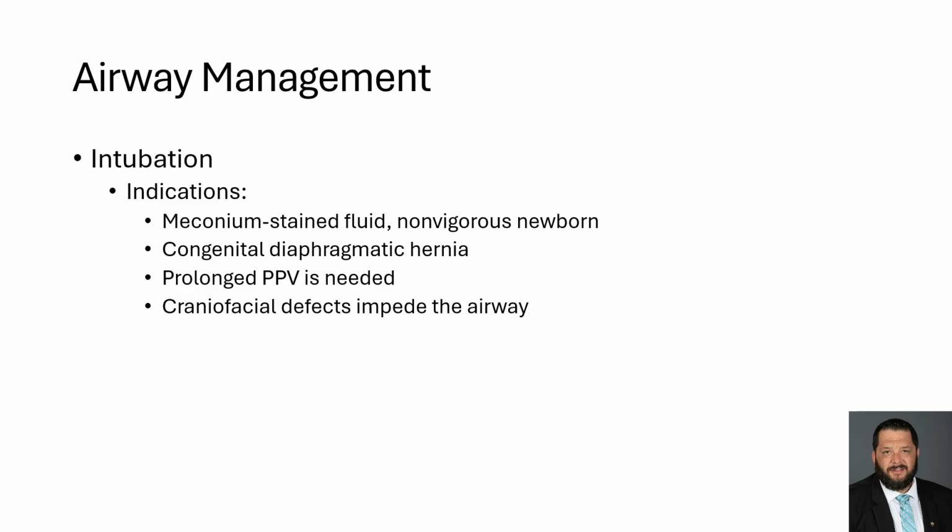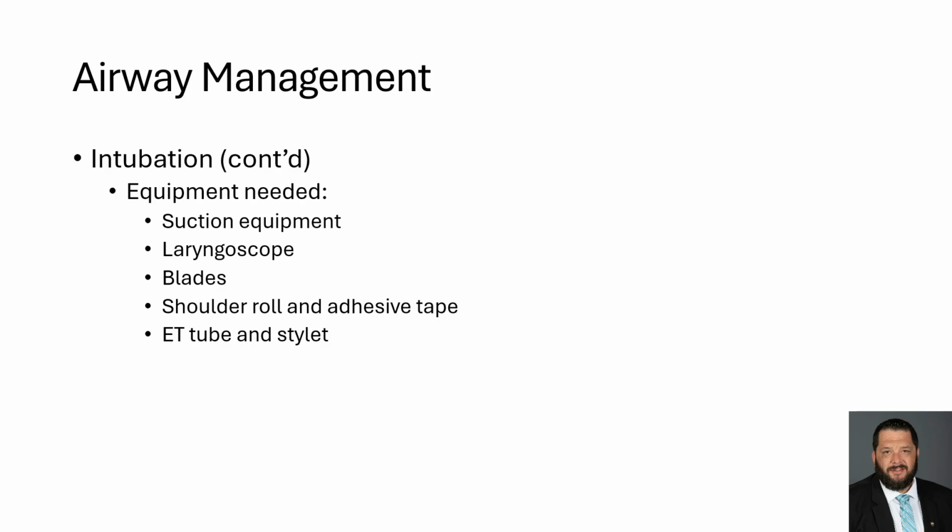For intubations, one of the indications is meconium staining in the fluid. Make sure we're using a meconium aspirator and trying to aspirate as much out of the trachea as we can. For congenital diaphragmatic hernias, prolonged positive pressure ventilation may be needed. And be aware that craniofacial defects can impede the airway and complicate ventilation, and that would be an indication for intubation.